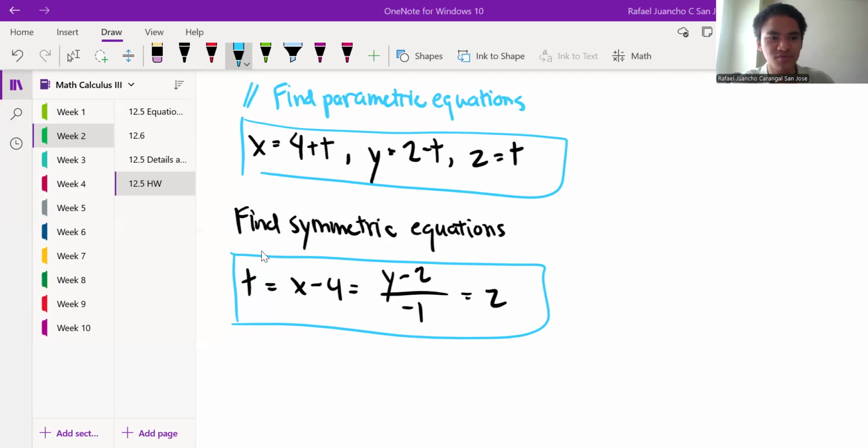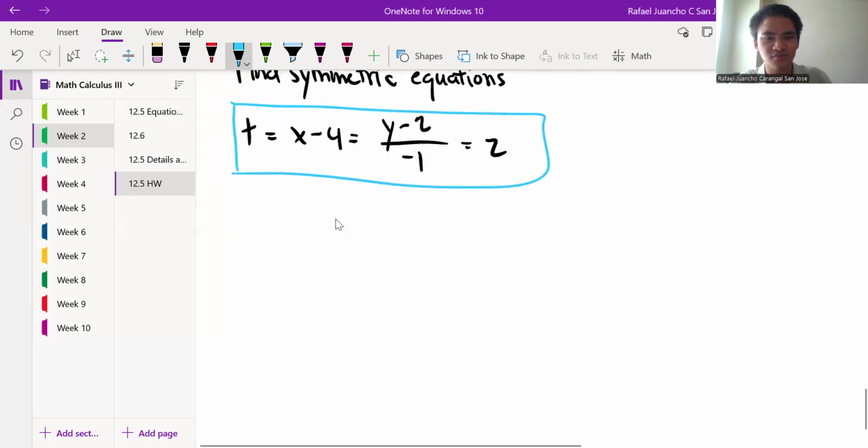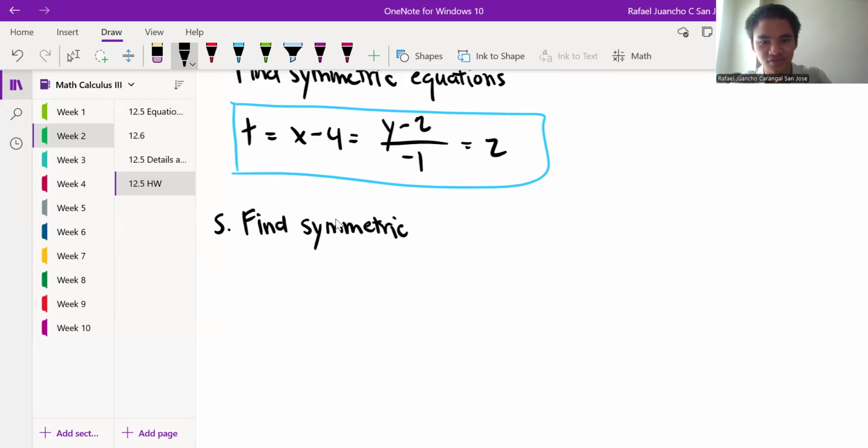Next. Number 5, I assume. Okay, for number 5, now this is a bit different. Still similar, but different. Here now we want to find symmetric equations. What about symmetric equations?